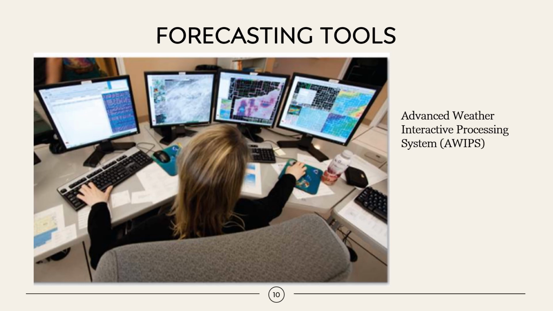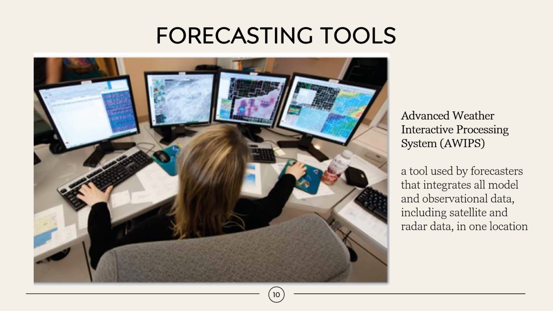An AWIPS workstation, as shown in this picture, consists of three graphical displays and usually one or more personal computers for interacting with text materials. This system is a tool used by forecasters that integrates all model and observational data, including satellite and radar data, in one location.